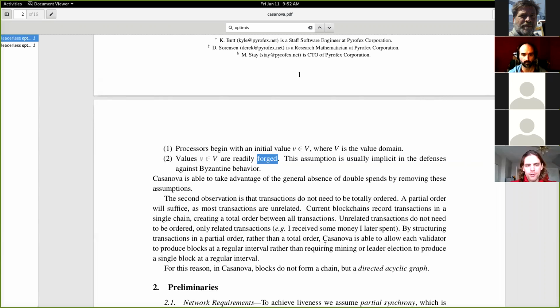Current blockchains record transactions in a single chain, leading to a total order between all transactions. Unrelated transactions don't need to be ordered, only related ones. Okay, yeah. Casanova's able to allow each validator to produce blocks at a regular interval, rather than requiring mining or leader election to produce a single block at a regular interval.